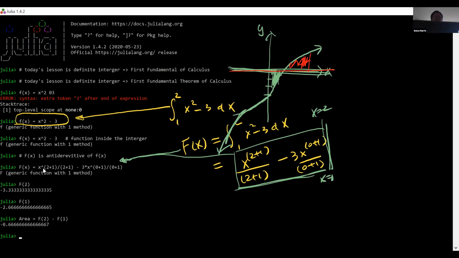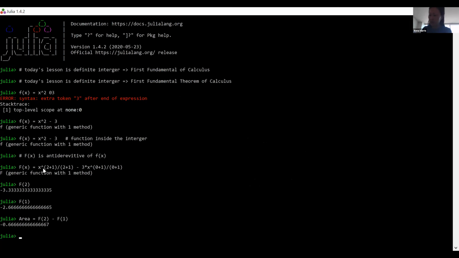All right, so let's try different boundaries. If I do the same problem, x squared minus 3 dx, but this time I want my boundary to be, say, 2 to 5.